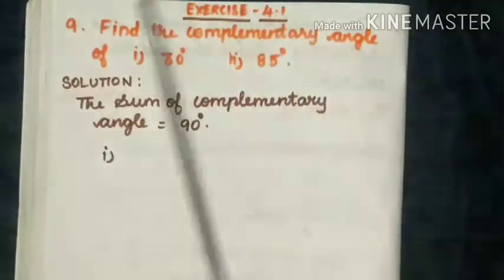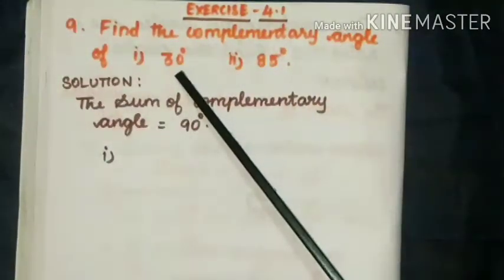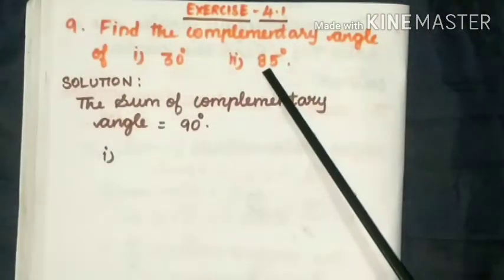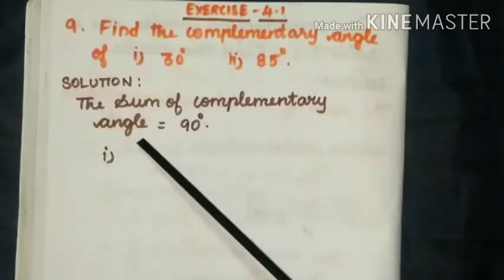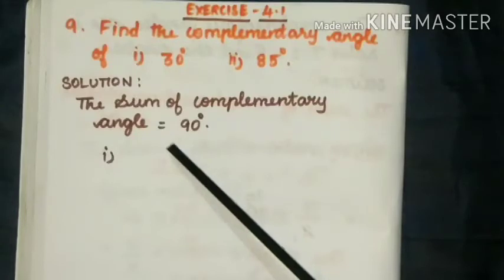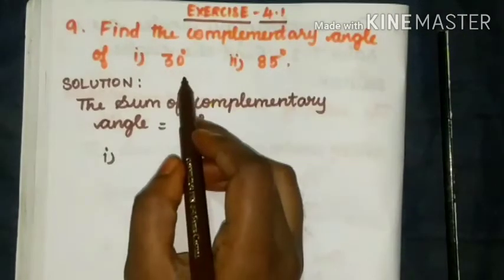Exercise 4.1, ninth sum. Find the complementary angle of 30 degrees and 85 degrees. Students, as we already know, the sum of complementary angles is equal to 90 degrees. You have to find the complementary angle of 30 degrees.